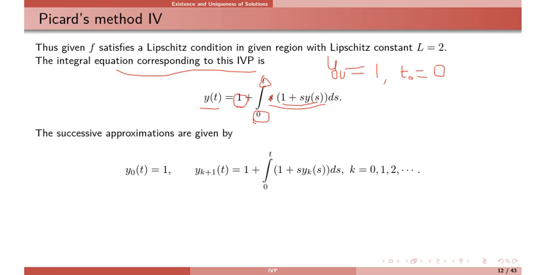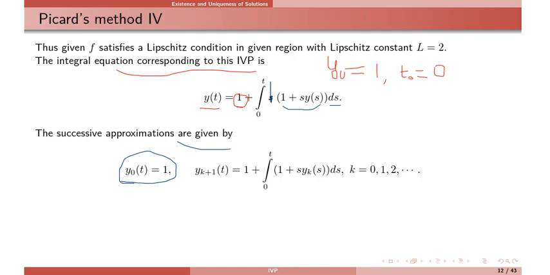So 1 plus s y, and ds. Okay. Then the successive approximations are, first is y0(t) equal to 1, which is y0.